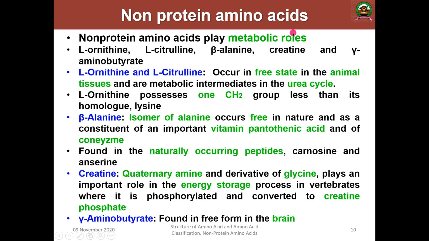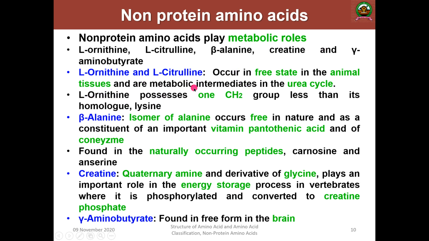The major non-protein amino acids are L-ornithine, L-citrulline, beta-alanine, creatine and gamma-aminobutyrate. First, L-ornithine and L-citrulline mainly occur in the free state in animal tissue and are metabolic intermediates of the urea cycle. If you have studied the urea cycle, you will be able to see the presence of ornithine and citrulline as intermediates in this particular cycle.